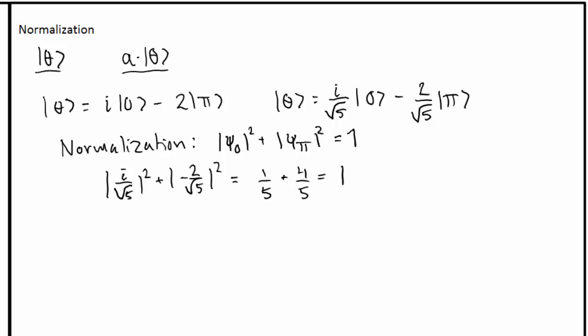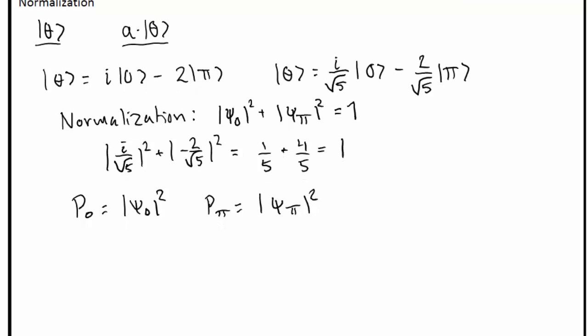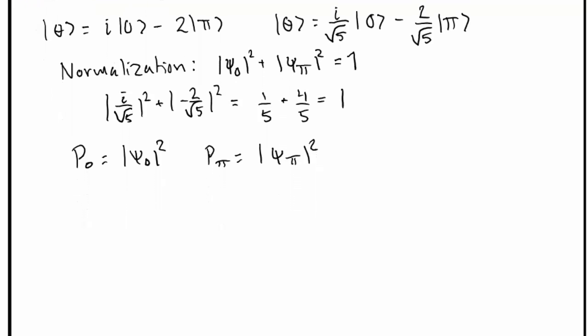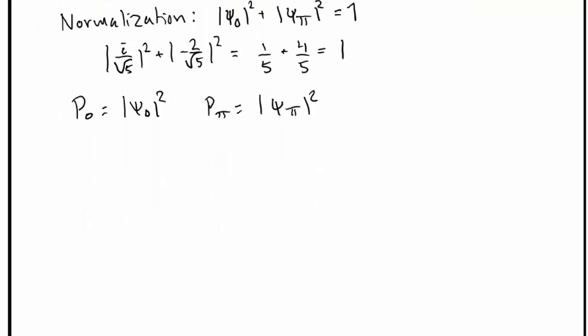So we tend to prefer to work with normalized states. And one of the reasons is that the formula for the probabilities will become much simpler. If the state is normalized, then p0 will simply be equal to phi 0 square, while p pi will be phi pi square, as the denominator cancels since it's equal to 1.